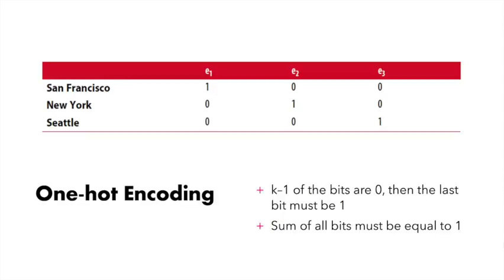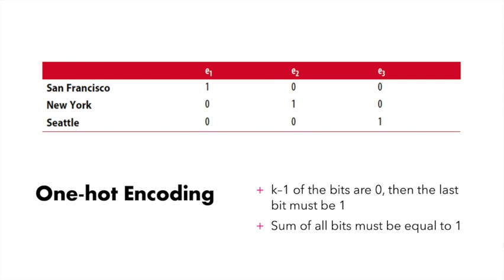I'll go back to the previous slide so you have a better understanding. In the table here, we have 3 cities: San Francisco, New York, Seattle. E1 is 1, E2 is 0, and E3 is 0 for San Francisco. You see one of these positions is assigned 1 for each of the cities. For San Francisco, it's E1, for New York, it's E2, and for Seattle, it's E3.